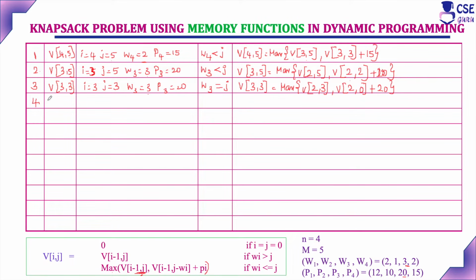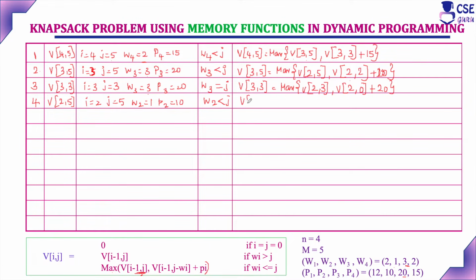So fourth, we need to compute V of 2 comma 5. So here I value is 2 and J value is 5. Okay. And the weight of the second object, if you are considering in this sense, weight is 1, profit is 10. So here W2 less than J. So same formula.